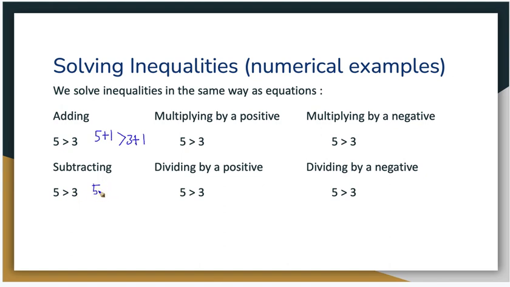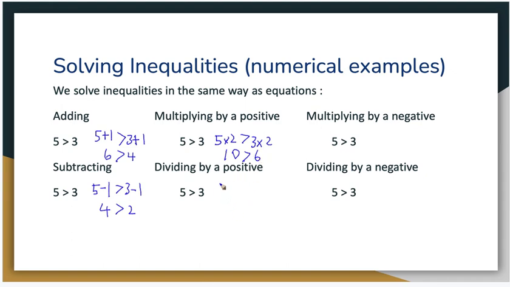Similarly, if we subtract 1 from both sides, we have 4 greater than 2. It is still true. And if we multiply by a positive number, let's say 2, it will still be greater, because 10 is greater than 6.